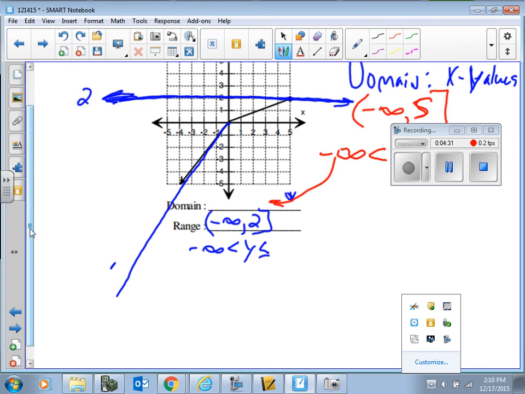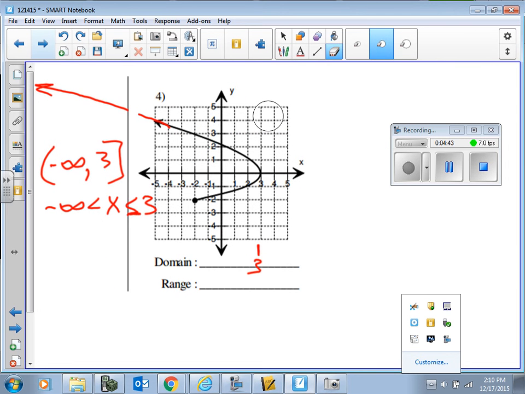All right, so let's go back here now. Two ways to write the domain. Now I'm going to do the range in blue. So I'm going to erase this. For range, we're thinking up and down again. So think up and down. The lowest value is right here at negative 2.